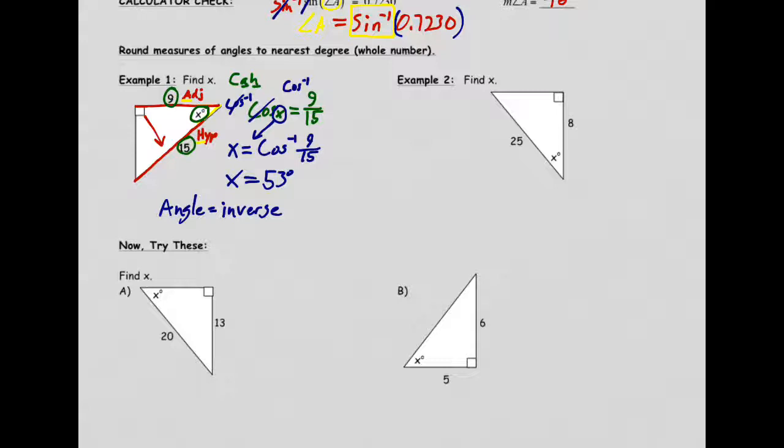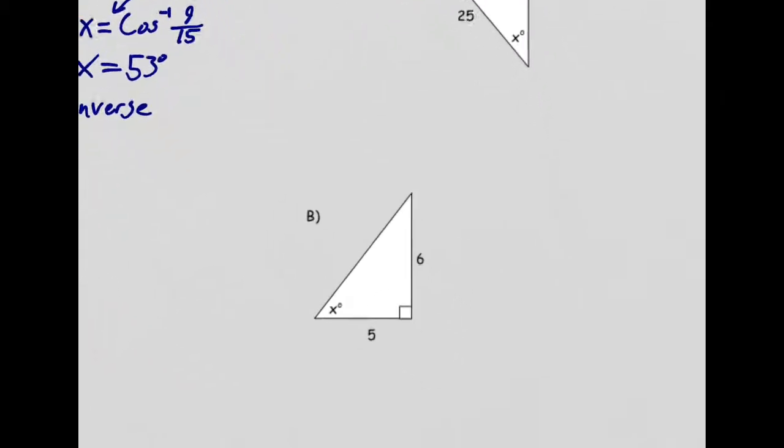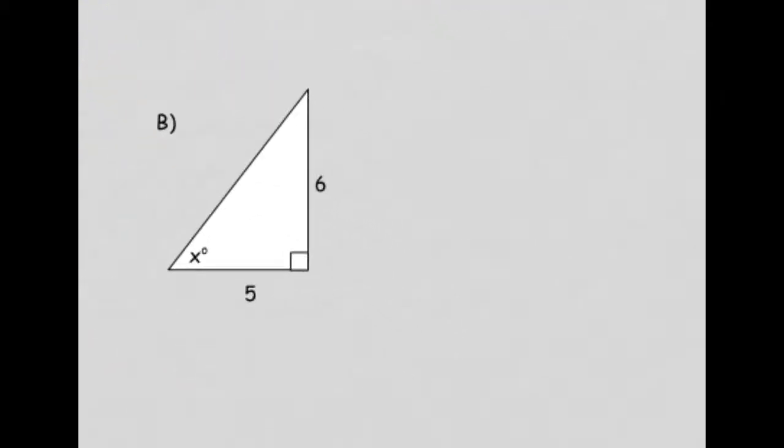And let's do one with tangent real quick. Once again, I identify what angle I have the measurement for, or what angle they're asking for. In this case, here's my angle that they're asking for. I see that the side that has 6 is opposite my angle, and then I see that the side that they've given me that has 5 is adjacent.